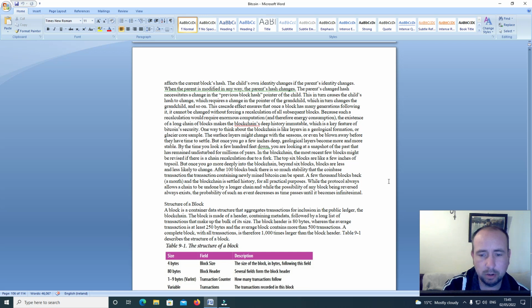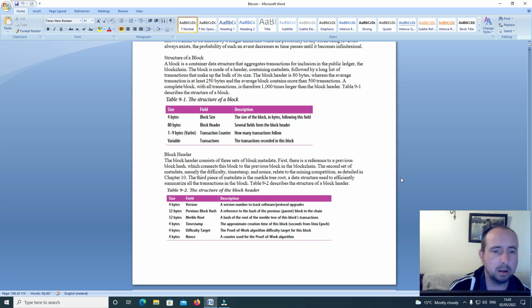A few thousand blocks back, the blockchain is settled history for all practical purposes. While the protocol always allows a chain to be undone by a longer chain, and while the possibility of any block being reversed always exists, the probability of such an event decreases as time passes until it becomes infinitesimal.